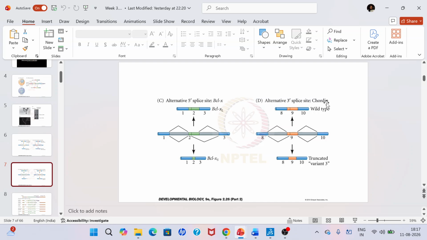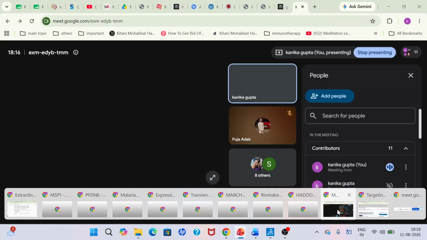So again, either it will form a truncated variant or a wild type protein, depending upon the 3' splicing in the RNA, which will tell us whether a mutant protein or a wild type protein is being formed. That will lead to different kinds of diseases. It will influence the particular disease in that organism in which this kind of differentiation happens.